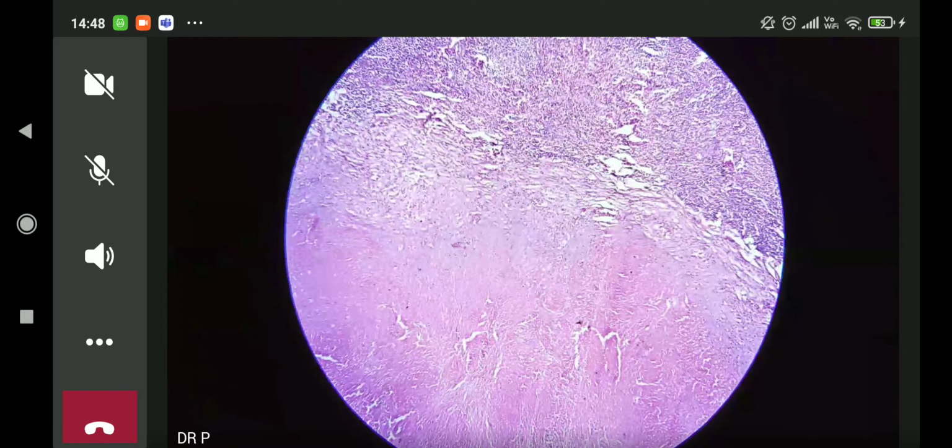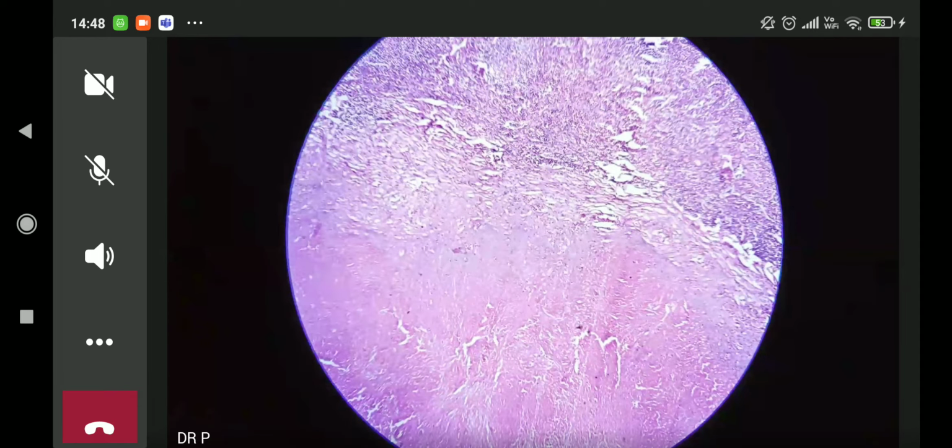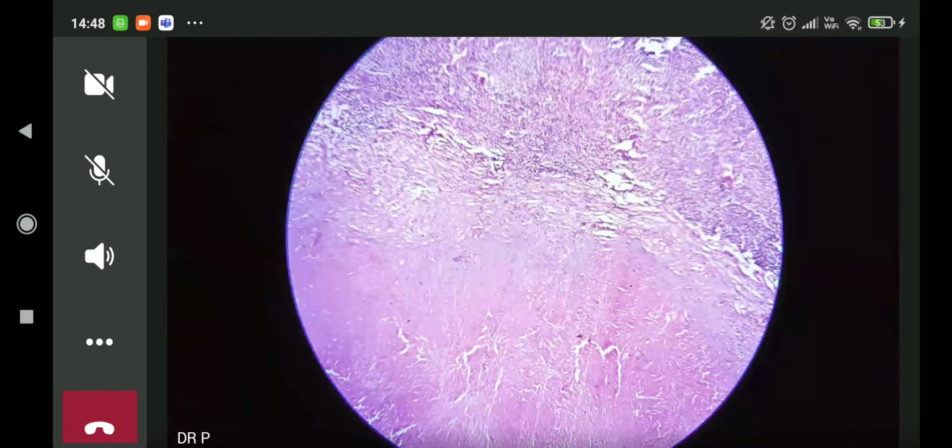Again, no, that's a very tricky slide. So we generally give that to postgraduates. So eosinophilic substance, by and large, we're talking about necrosis. Now you have to tell us what necrosis this is. So first of all, necrosis in the lymph node. In India, the commonest cause of a necrotic lymph node would be tuberculosis.